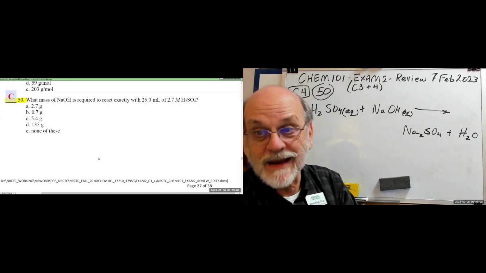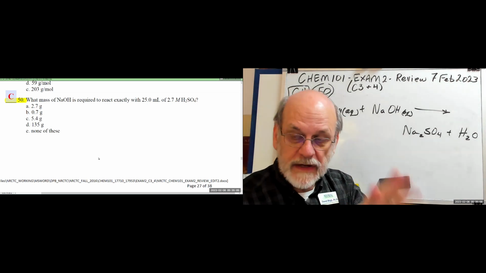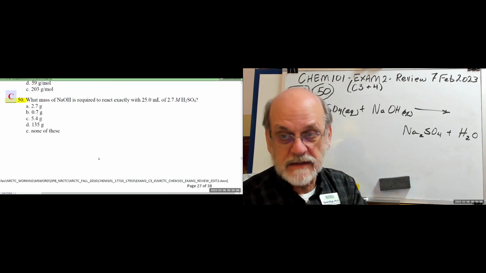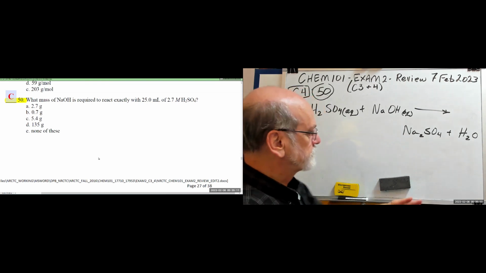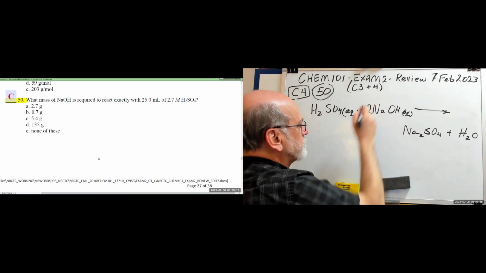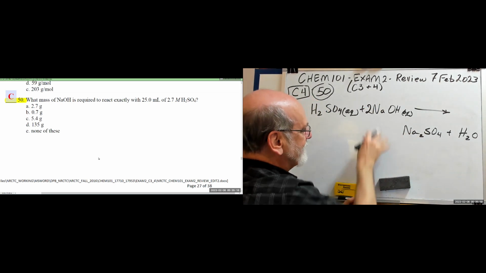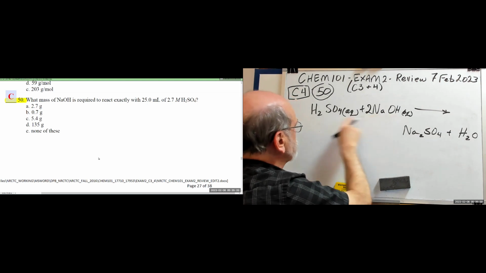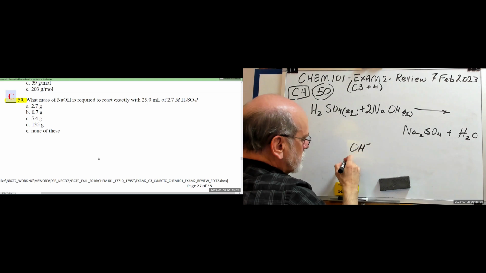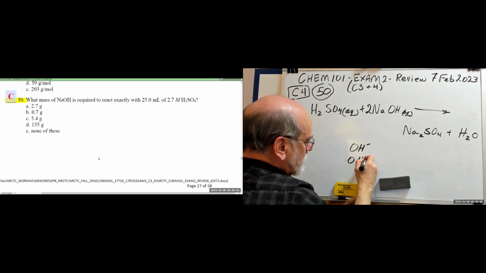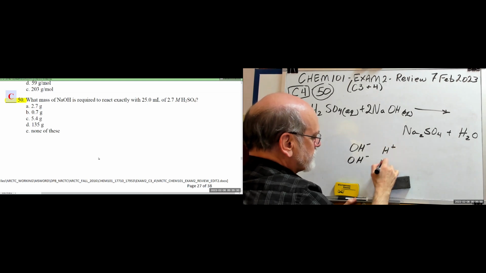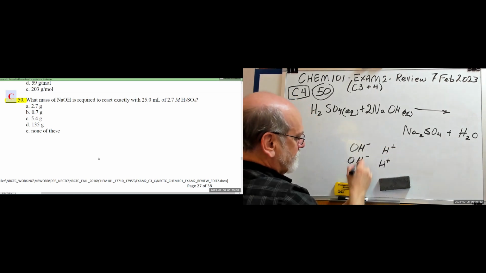Okay, now we have to balance the equation to find out what is the stoichiometric ratio between sodium hydroxide and sulfuric acid. So we need 2 sodiums here. Okay, that gives us 2 hydroxyls and 2 hydrogens. Right?